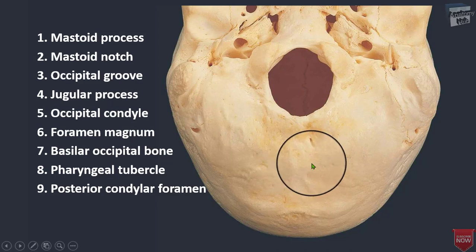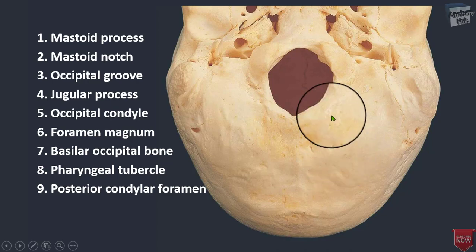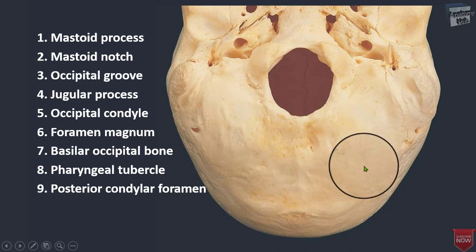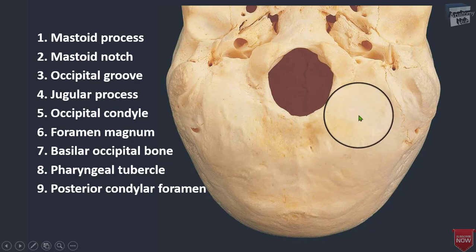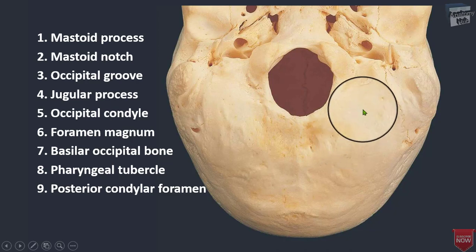Here you will find the rectus capitis posterior major and minor muscles ascending from the spinous process of the axis and atlas, attached to the skull between the foramen magnum and the inferior nuchal line. We will see these muscles in a while in a chart.